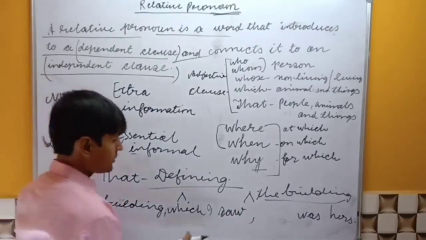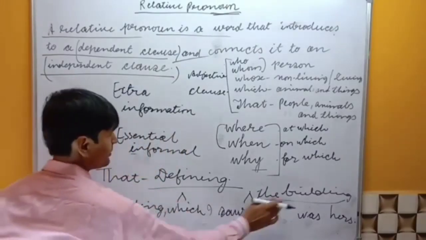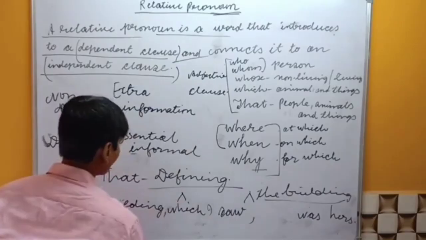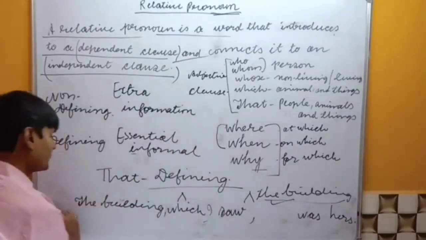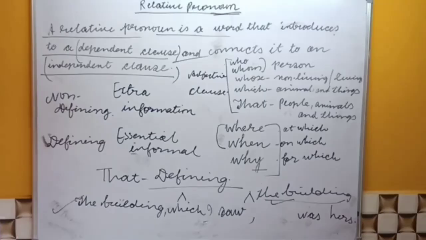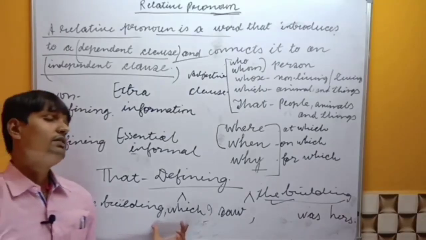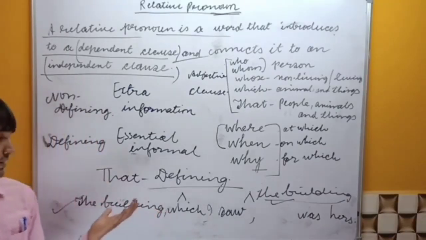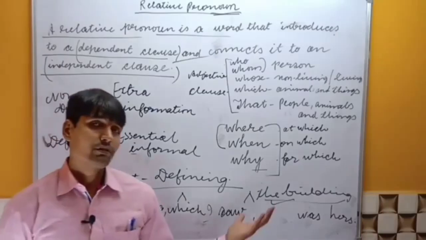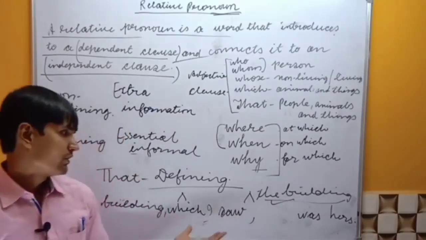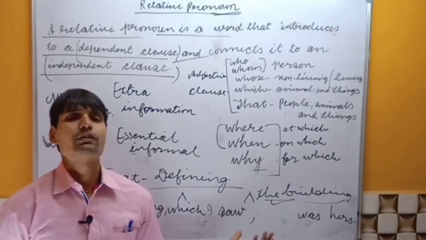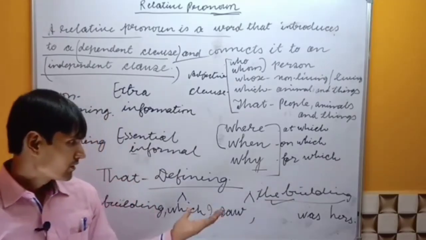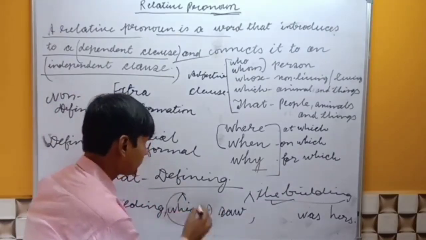So if you are repeating the building, then here the building is the object, but in the first sentence the building is the subject. In the independent clause the building is the subject, but in the dependent clause the building is the object. So the same word is the object in the dependent clause, and in place of the object, "which" has been used.